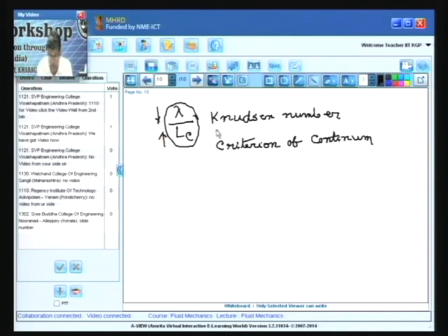So, when the Knudsen number is low, it means that the molecular mean free path is low, then our accuracy is more, or LC is large, the characteristic dimension of the system is large, so that we can afford to have a relatively larger volume to represent a location.